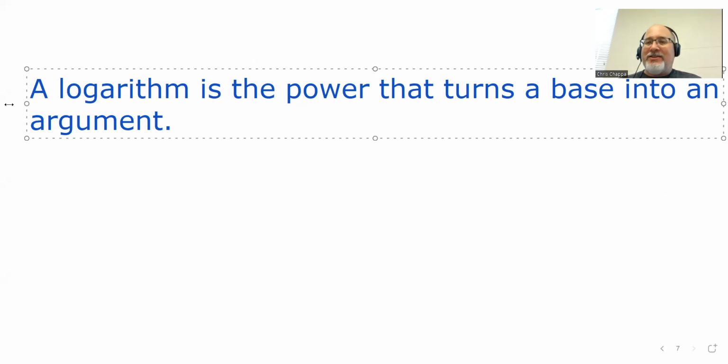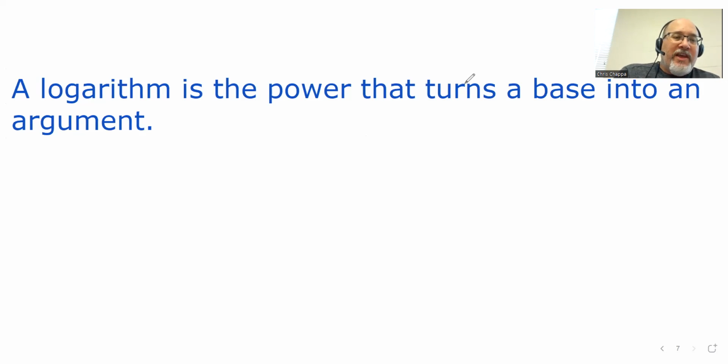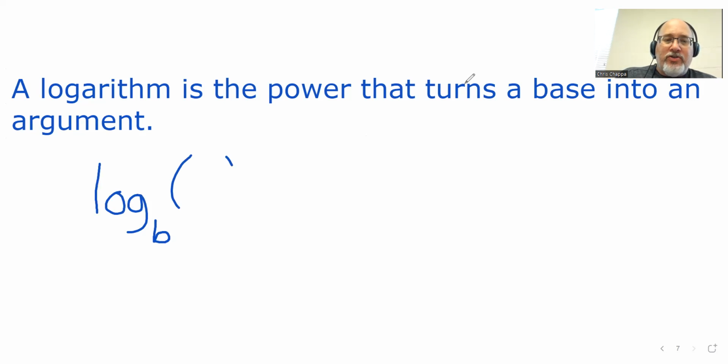Let's see if we can write something generic here, because this is critical. There's no kind of to it. It's very critical. If I write a problem like log base B, B is good for base, I wonder what letter I should use for argument. How about A?